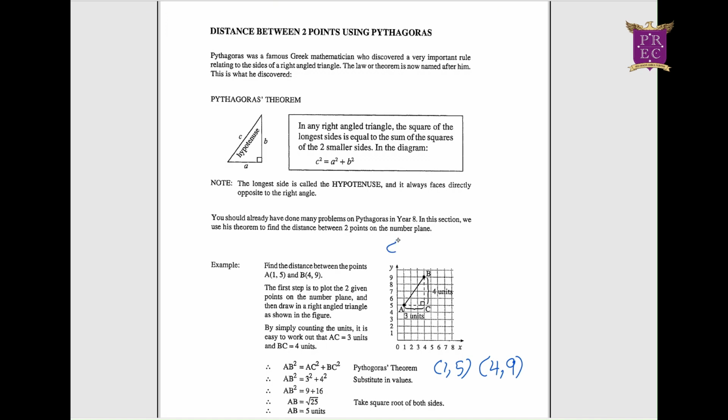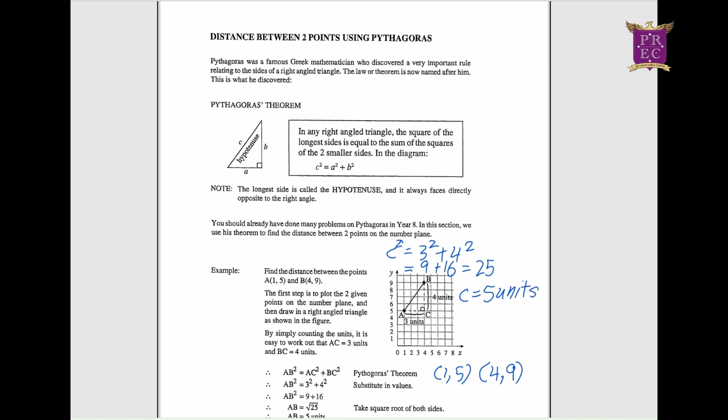So we can look for c squared using a squared, which is 3 units to the power of 2, plus 4 units to the power of 2. What's 3 units to the power of 2, which gives us 9, and then 16, which comes down to 25 units. And since it's c squared, we square root it to get 5 units.